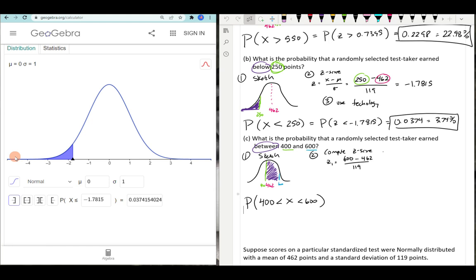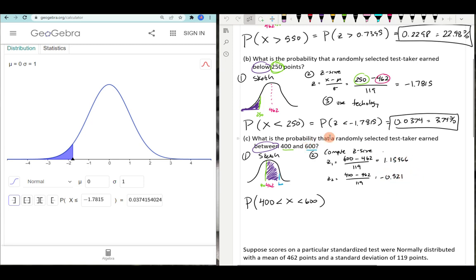And then we will also need to compute the 400, the smaller value, minus the mean, 462, divided by the standard deviation, 119. Doing both of these calculations, 600 minus 462 divided by 119 ends up being about 1.15966. 400 minus 462 divided by 119, when you put it in your calculator, ends up being a negative 0.521, and then a bunch of zeros after that. So these are my two z-scores.